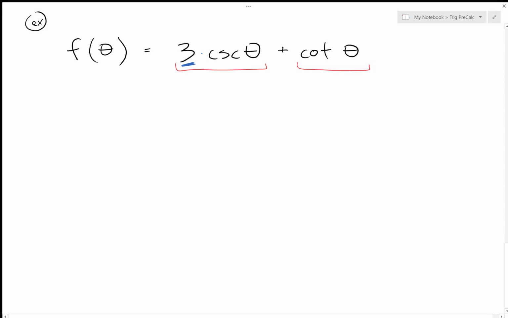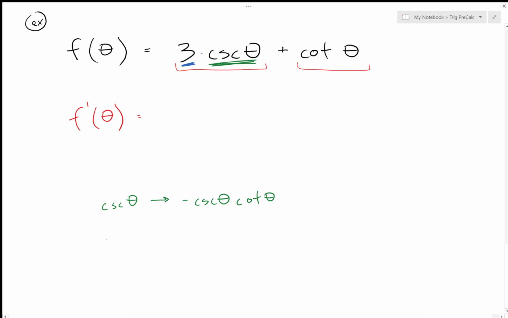We do want to indicate that we're finding the derivative. So this is going to be f prime of theta is what my answer is going to be. Now, if we look back for trig functions, right here, cosecant theta, when we take the derivative of cosecant, I'll write it down here, the derivative is going to be negative cosecant theta times cotangent theta.